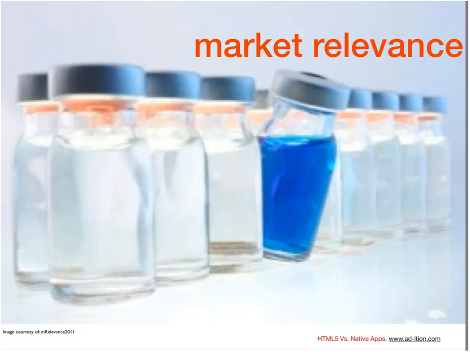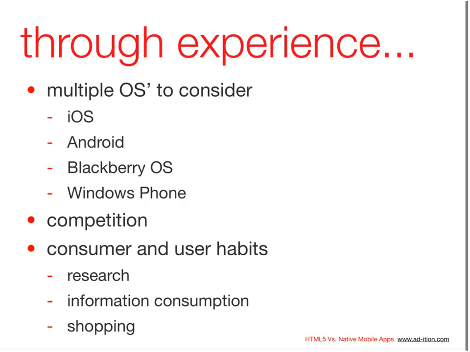But with all of our time in building apps and working within the App Store, we've definitely gained some key learnings, which is why this whole conversation around HTML5 versus native mobile apps is very relevant to us.